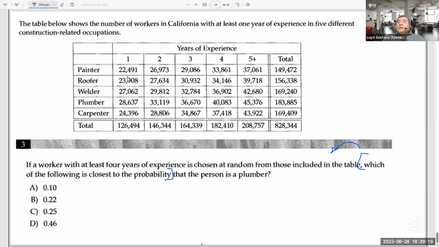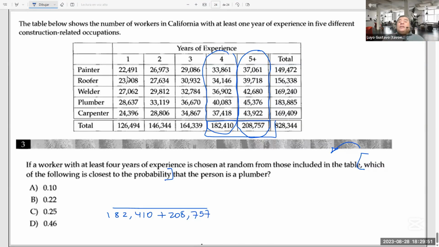So we need to focus on the people with 4 years of experience or more. In other words, the total in the denominator would have to be the sum of these two. Okay? 182,410 plus 208,757. That would be our reference group.